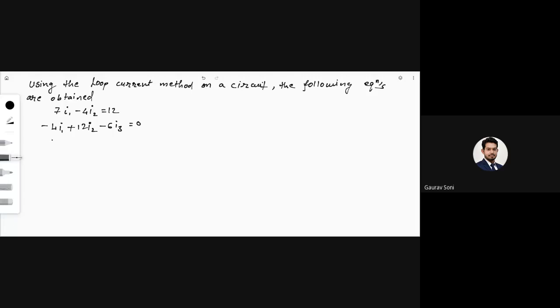The third equation is minus 6 I2 plus 14 I3 is equal to 0. Solve for I1, I2, I3. Please do it.